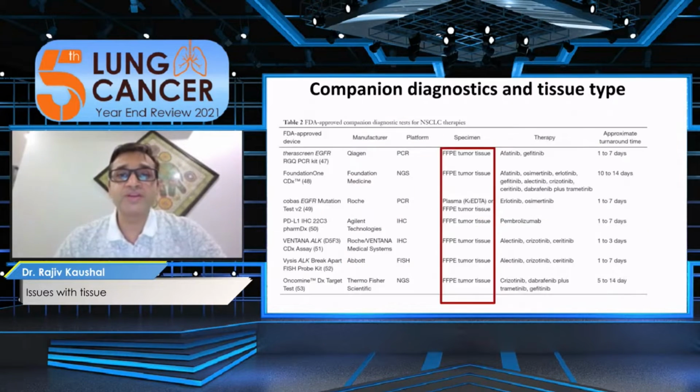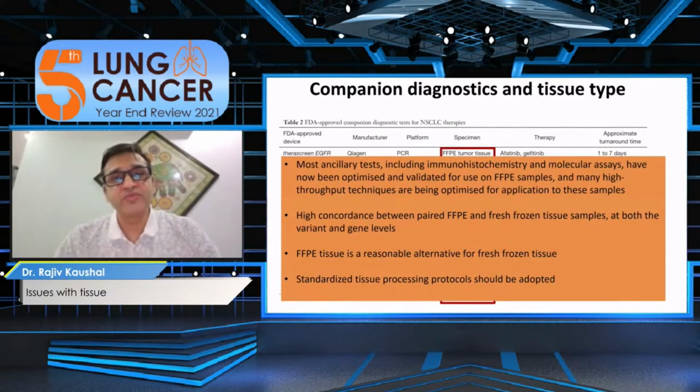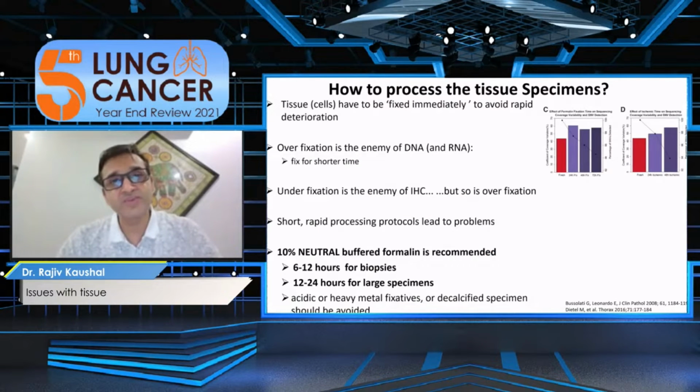So routinely, paraffin-embedded tissue is used, and many companion diagnostic assays are now standardized and validated on formalin-fixed paraffin-embedded tissue, because it is easy to handle and relatively cheaper. But the problem is that the processing protocols for formalin-fixed paraffin-embedded tissue are not very standardized, which may compromise the quality of the tissue.